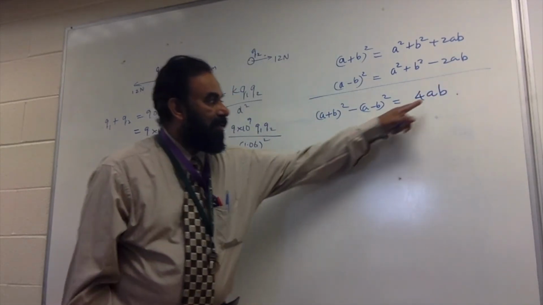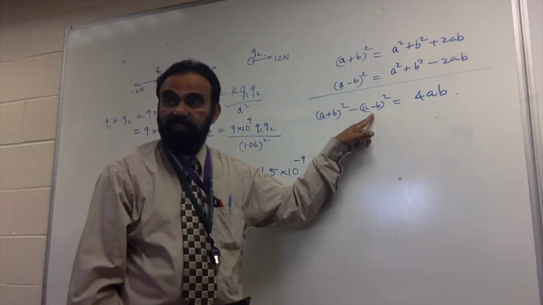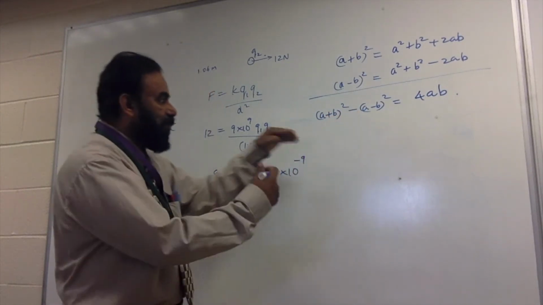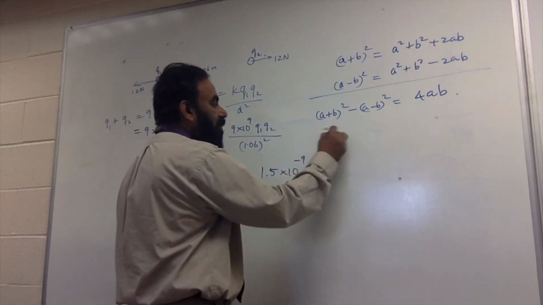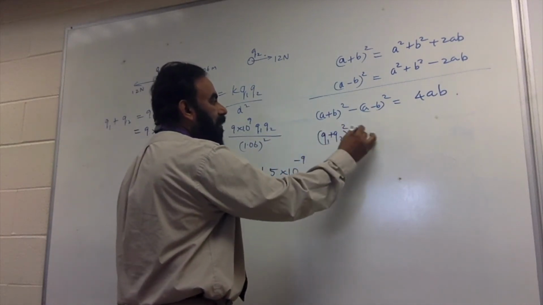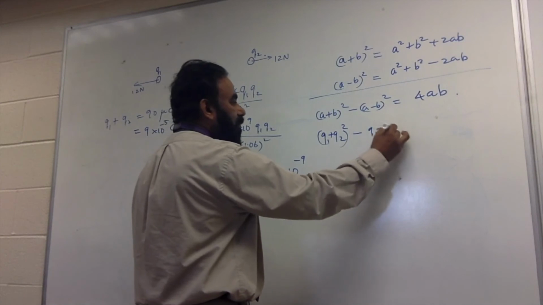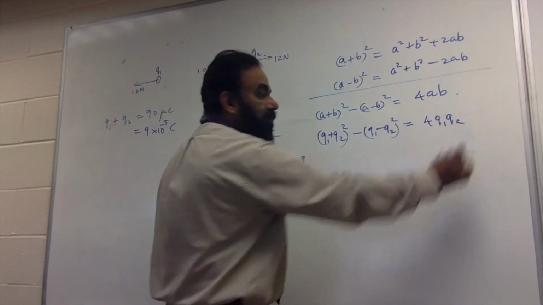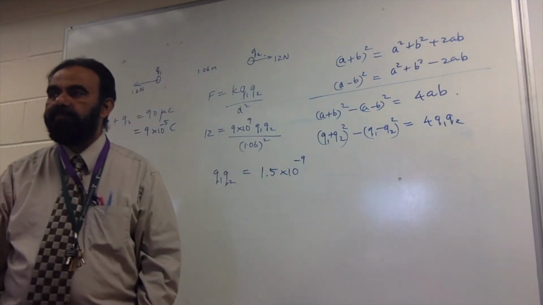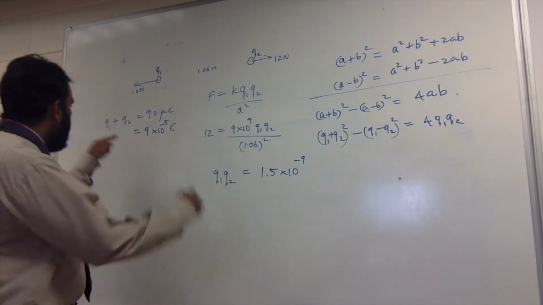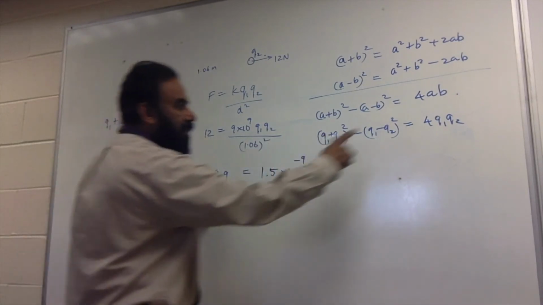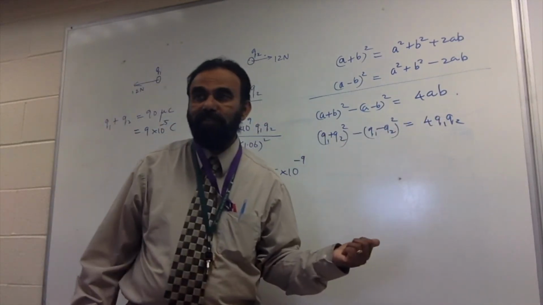So now you have a product, you have a sum, and you have a difference. Can you see that? So let me put it in terms of q's. Q1 plus Q2 squared minus Q1 minus Q2 squared is equal to 4 times Q1 Q2. So if I plug this here, and if I plug this here, can you find Q1 minus Q2?